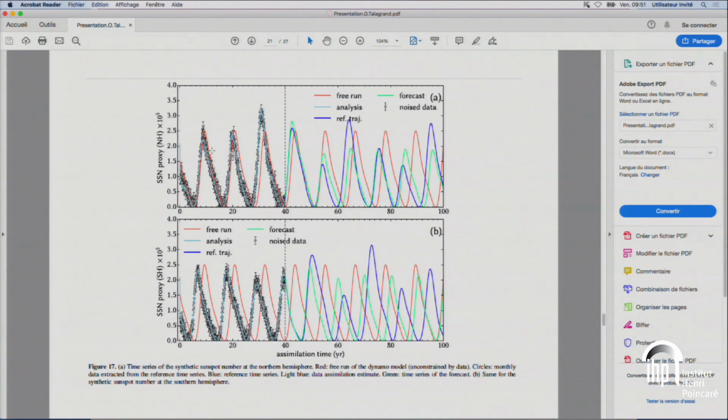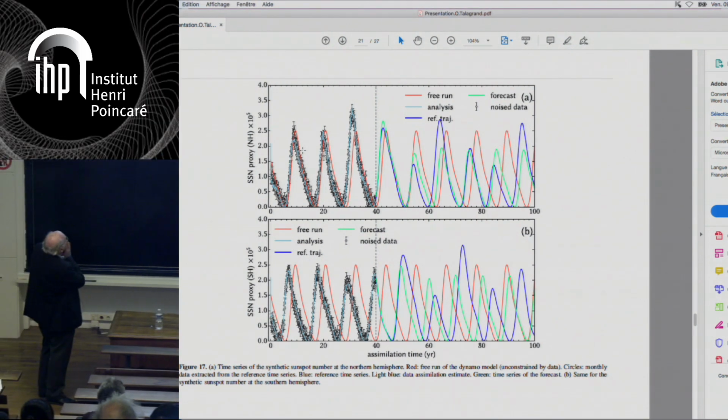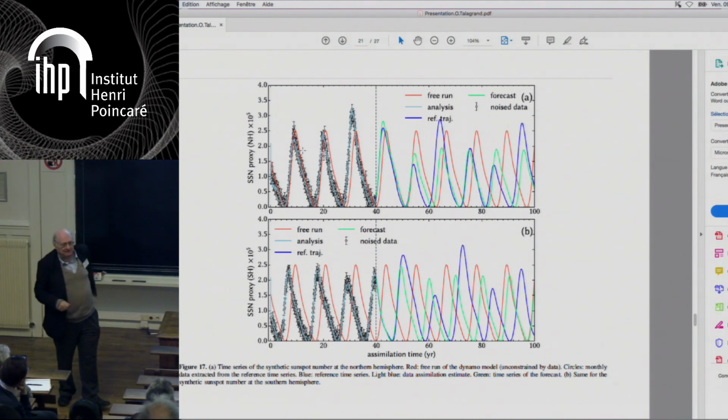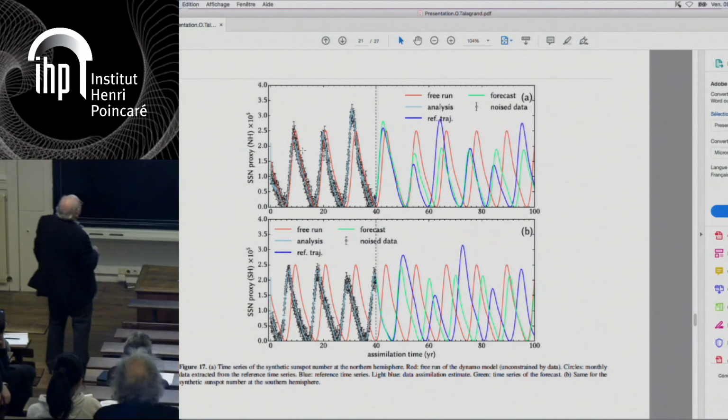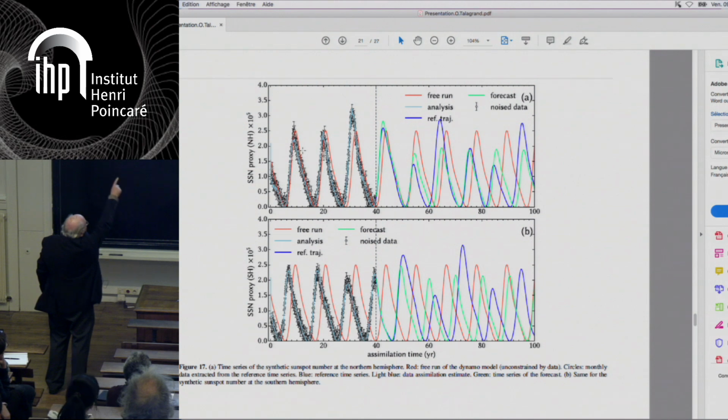Okay, that's for sunspots. Same thing. I'm not going to comment on that in detail. Just, if you look at the forecast phase, the top panel is for the northern hemisphere. You have the free run, the one in which no observations have been introduced. You have the analysis, and in the forecast phase, the forecast, which is the green curve.